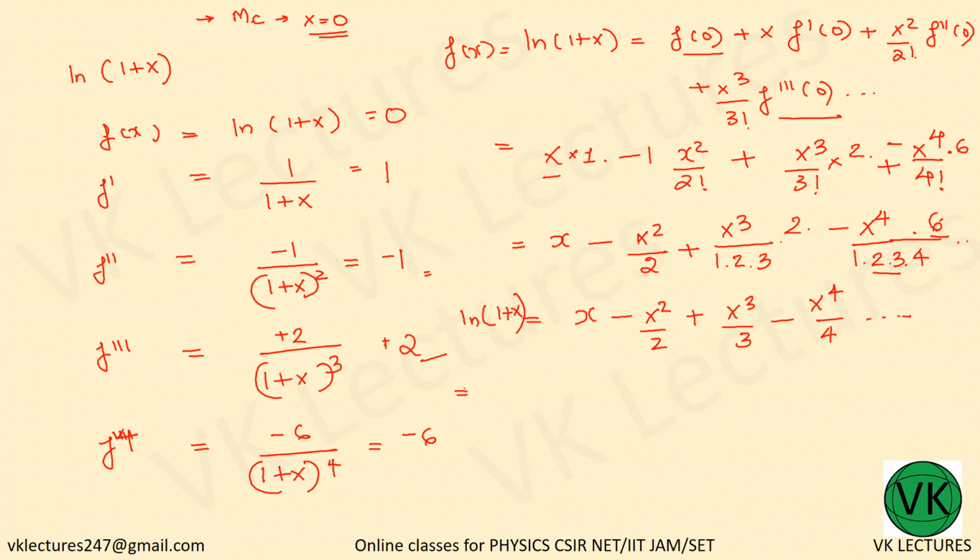Now at x equal to 1, how can we write this? Log 2 is equal to, at x equal to 1, 1 minus 1 by 2 plus 1 by 3 minus 1 by 4, the next term will be plus 1 by 5.